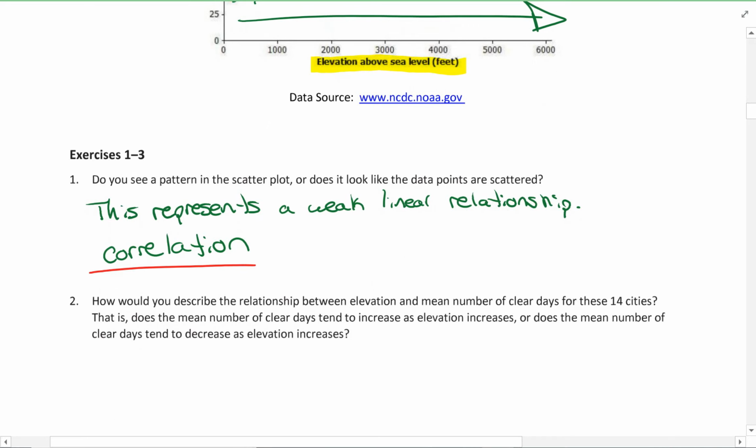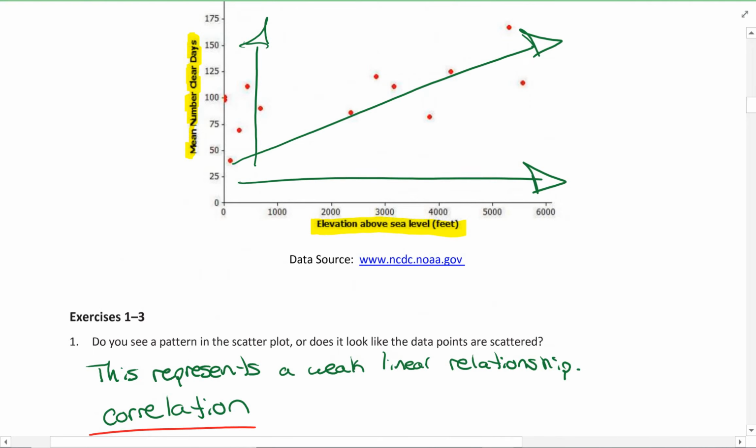It says, how would you describe the relation between elevation and mean number of days for these 14 cities? That is, does the mean number of clear days tend to increase as elevation increases, or tend to decrease as elevation increases? Well, clearly, if we look at our graph, we're definitely increasing. There's no way that we could ever say it's decreasing.